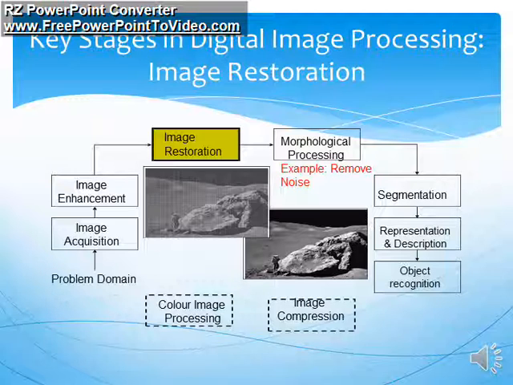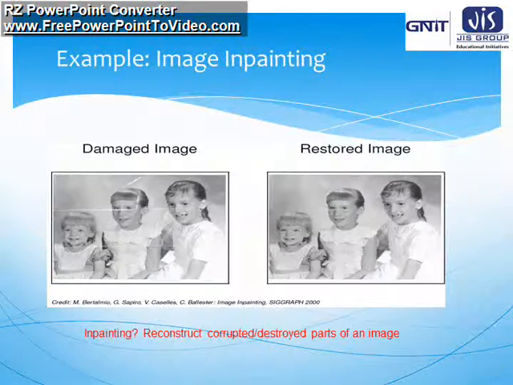Now moving forward to the next slide. This is image inpainting. Image inpainting is also known as restored image. So why is this type of restoration required, or what is this restoration or inpainting? This is nothing but reconstructing corrupted or destroyed parts of a particular image.